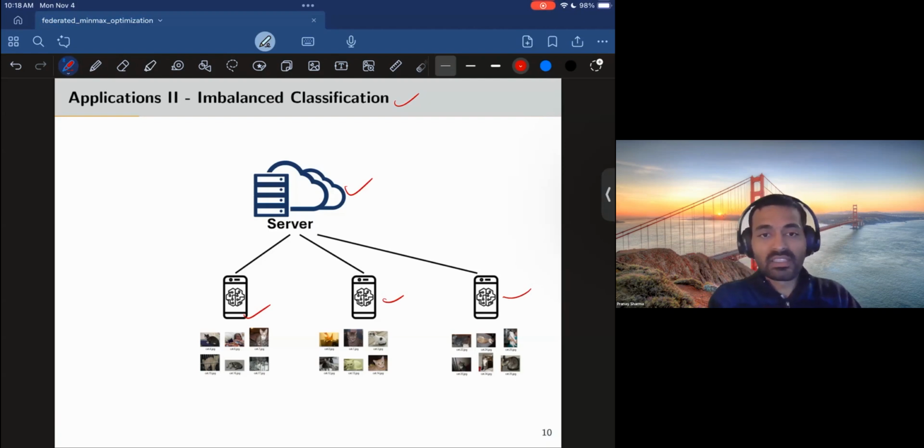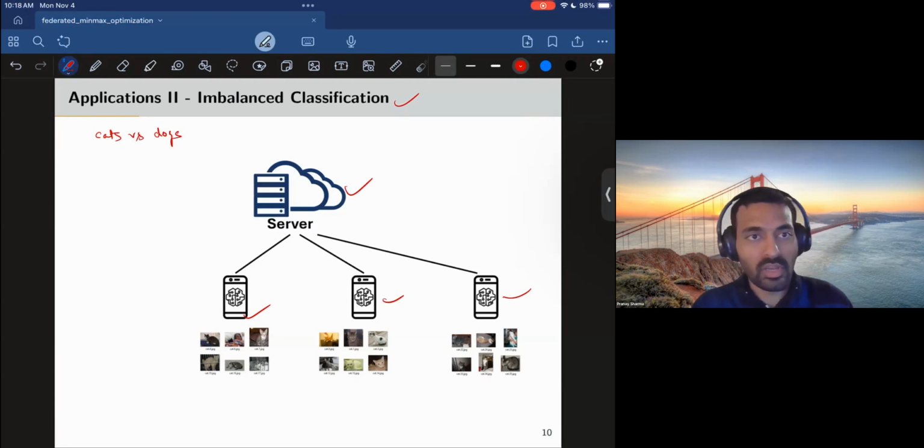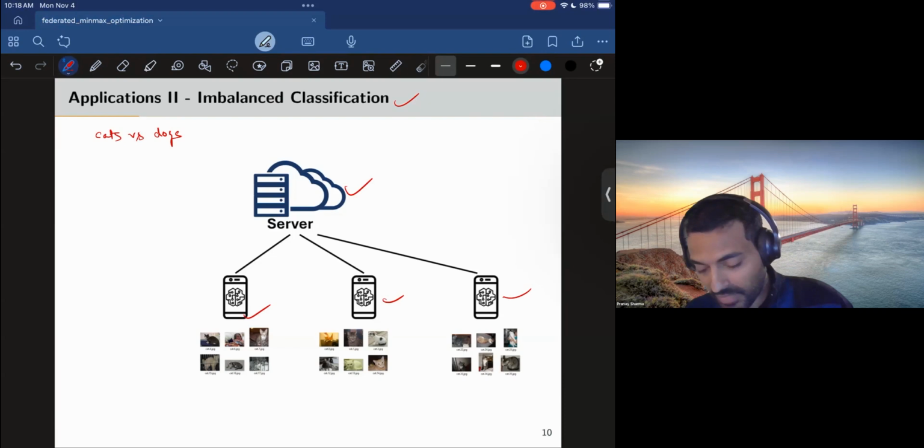Now, suppose the clients are interested in classifying the images of pets that they have on their devices. So suppose we have a cats versus dogs classification. It's just a toy example, but this will illustrate the point nicely.